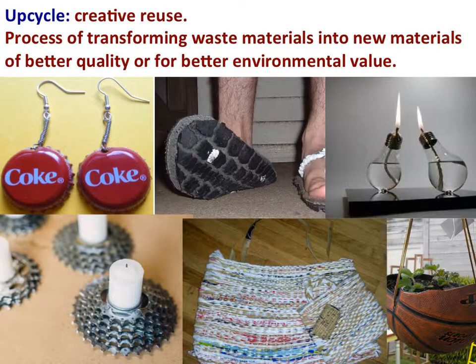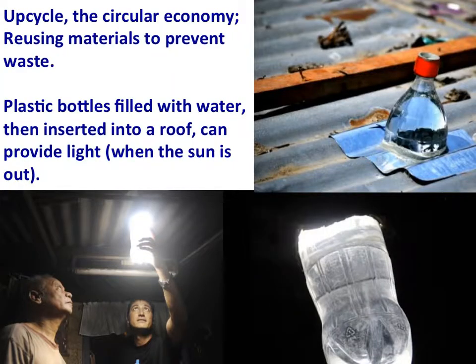Upcycling is an example of the circular economy. Bottle caps that become earrings, tire treads that become the soles of shoes, and discarded plastic that becomes a new shopping bag. Here's another example of the circular economy where reuse of materials prevents waste. These are plastic bottles filled with water and then inserted into a tin roof, and the water with these bottles provide light when the sun is shining.